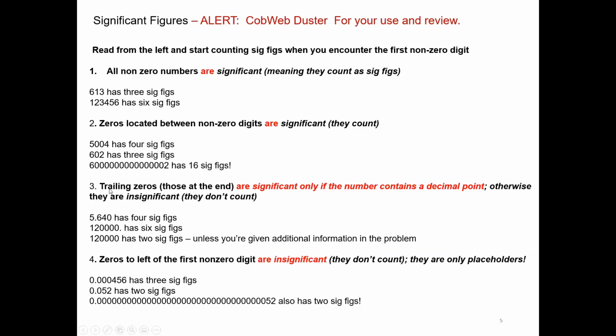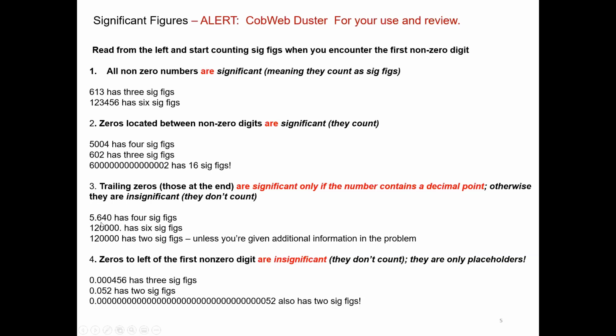Okay, rule number 3, the trailing zeros. Zeros at the end are significant only if the number contains a decimal point. Otherwise, they are insignificant. Let's look at some examples here. This one, 5.640. So it has 1, 2, 3, 4, right?